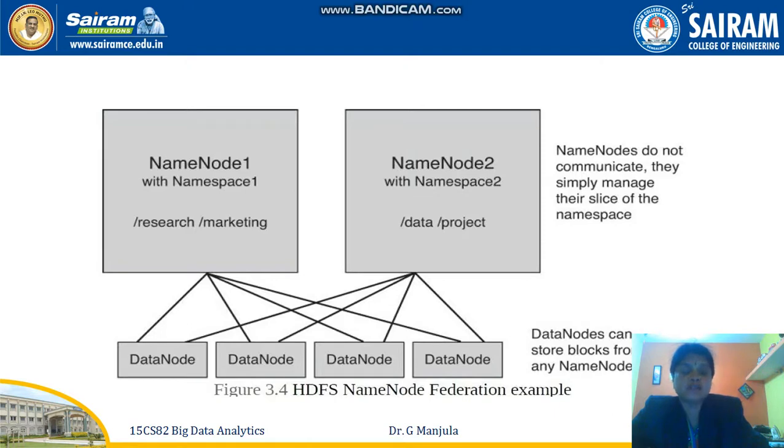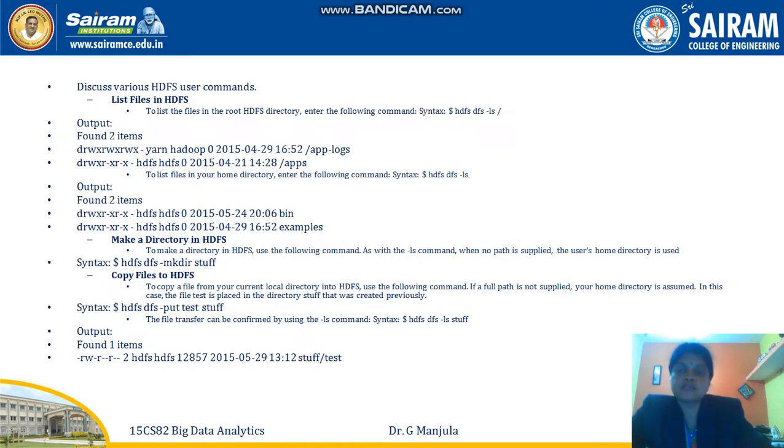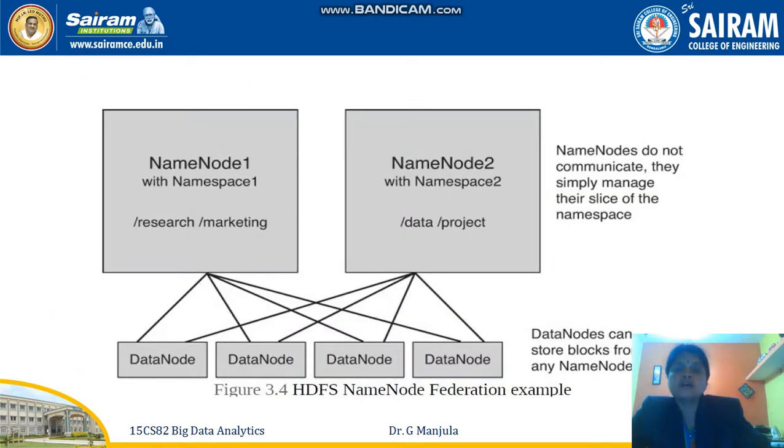Yeah, we will see. The data node can store blocks from any name node. Let me give one small example. The major discussion here is purely based on the name node. For example, take research and marketing with namespace 1, and the data and the project.